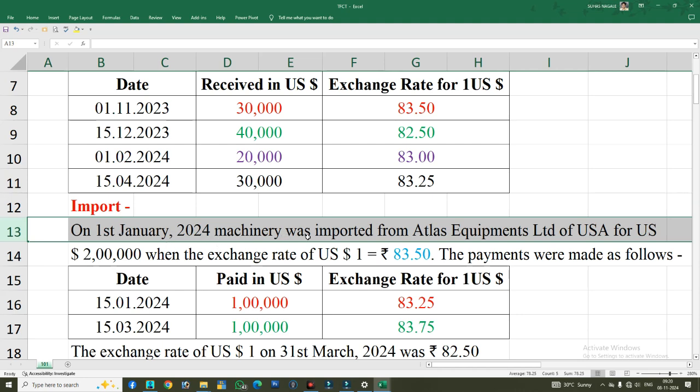Machinery was imported from Atlas Equipments Limited of USA for US dollar 2 lakh. First time we have to pass an entry for an import transaction, machinery imported, or we can say purchase on credit. Entry number 4.